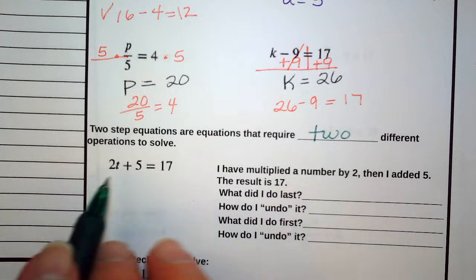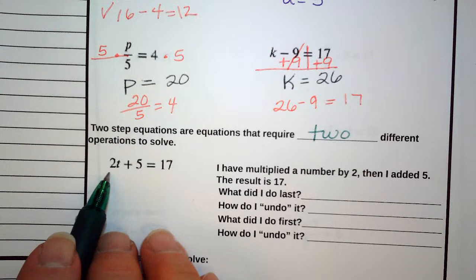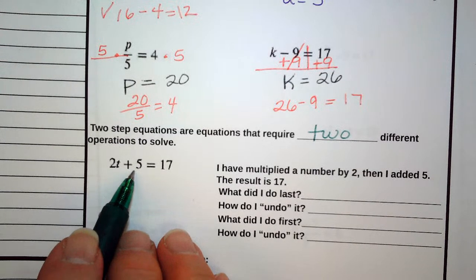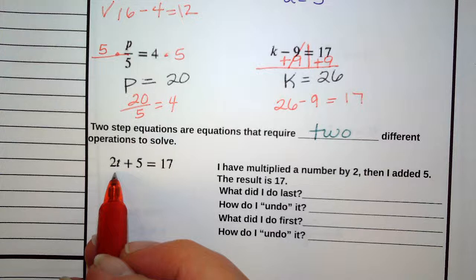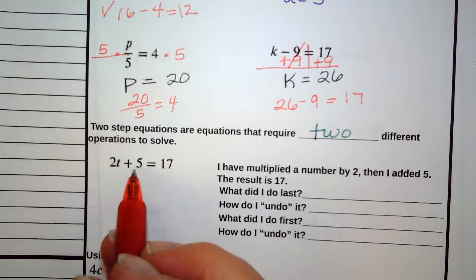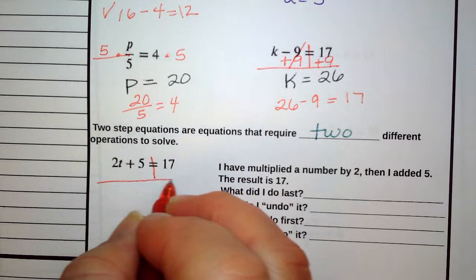So, I have a number. I multiply it by 2. Then I add 5. The result is 17. You've got to undo what happened last. If I'm looking at this, what was the last thing that happened to t? I added 5. That's the first thing I have to undo.